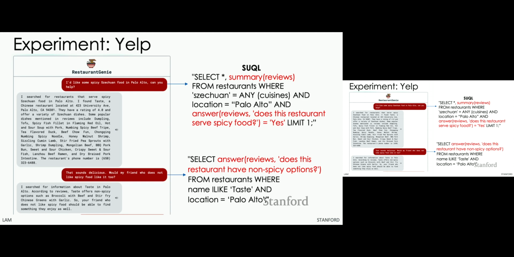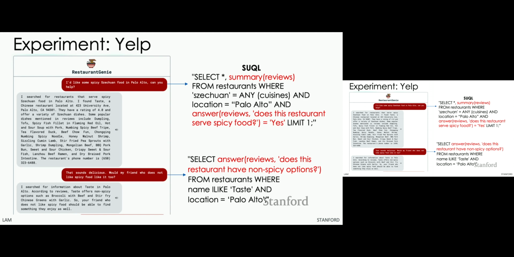In this case, the answer is, I searched for restaurants that serve spicy Sichuan food in Palo Alto. I found Taste, and it described it. How many people know Taste? It is a really spicy Chinese restaurant, and it's also very good.